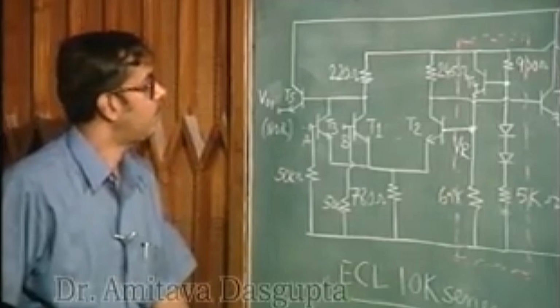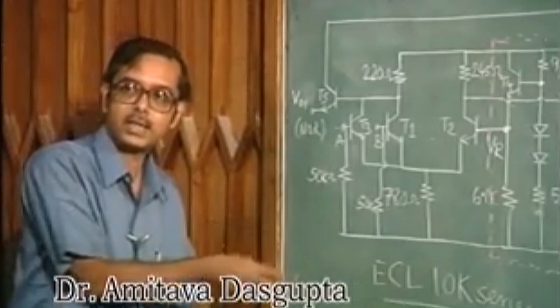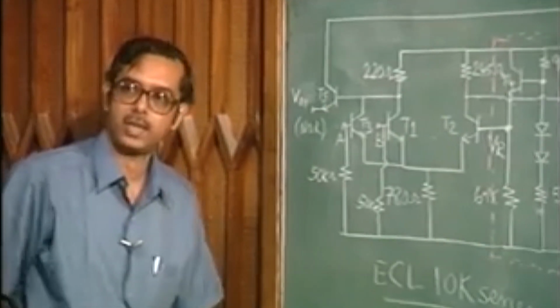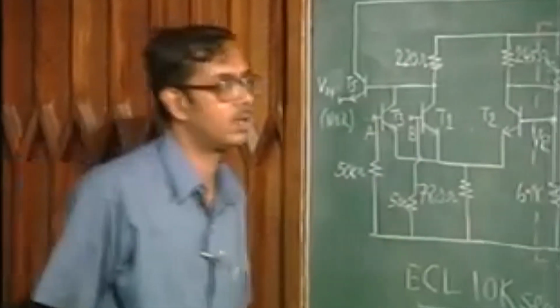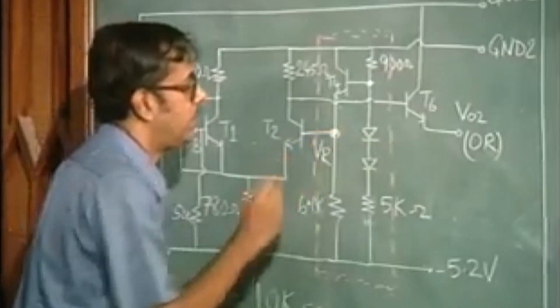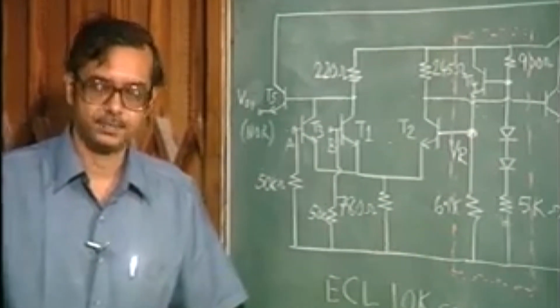So, with this background we can start our analysis of this circuit and see how the input output voltage characteristics look. First let us see what is the value of VR, the reference voltage, that is what we must find out.